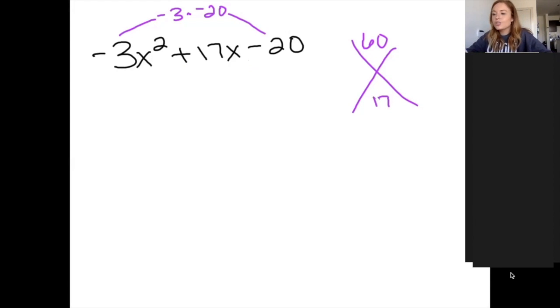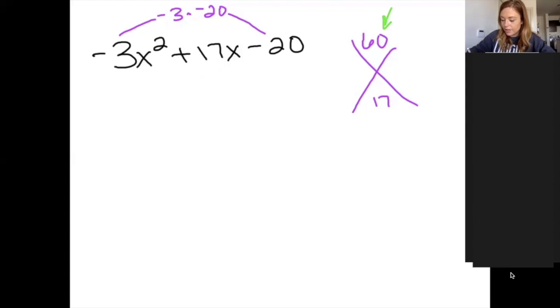Okay, so this is where it just becomes normal x method. You just had to make sure not to forget that negative 3 and negative 20. So we're going to break apart 60 and see what multiplies to be 60, and because 60 is positive, they're going to add to give me 17.